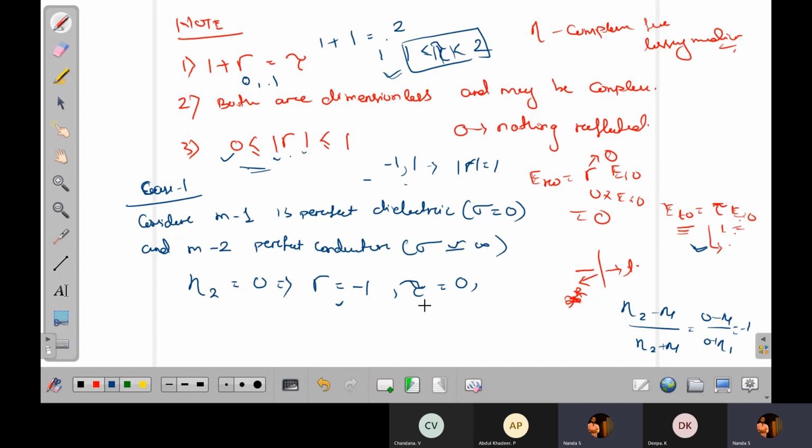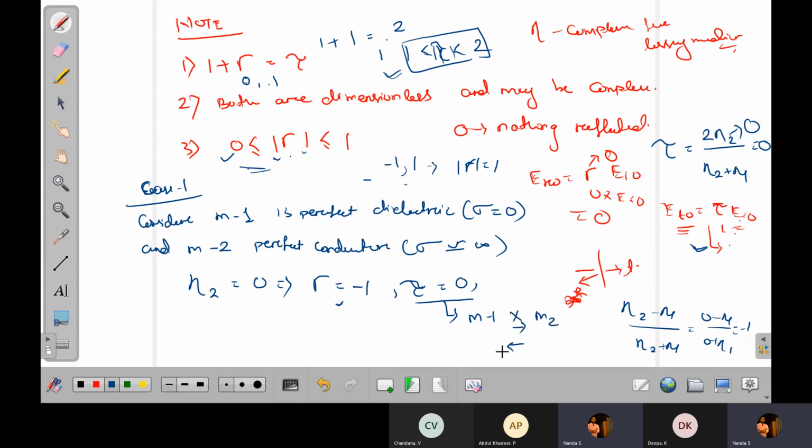Why is the transmission coefficient 0? Because the transmission coefficient is equal to 2 eta 2 divided by eta 2 plus eta 1. So this is 0. Transmission coefficient 0 means no wave is transmitted from medium 1 to medium 2.